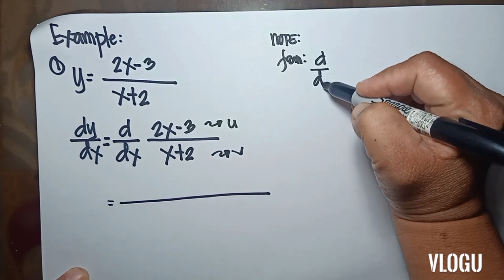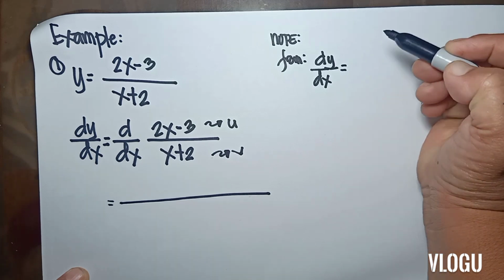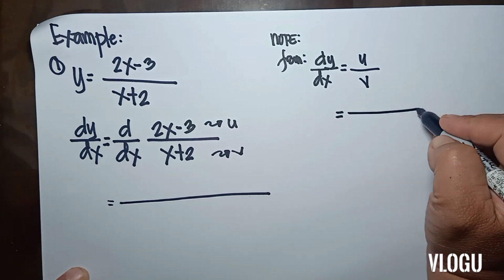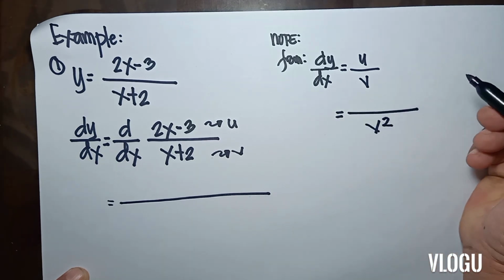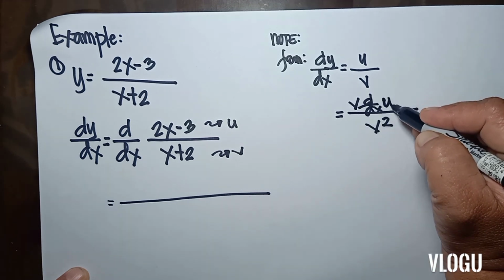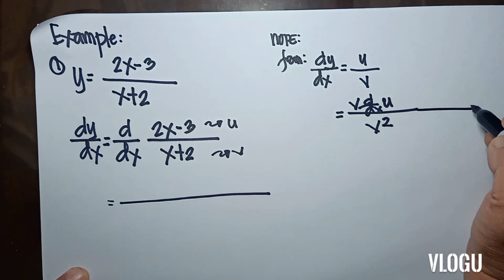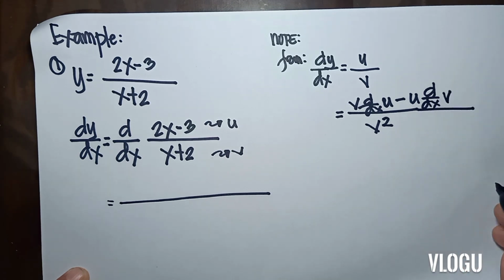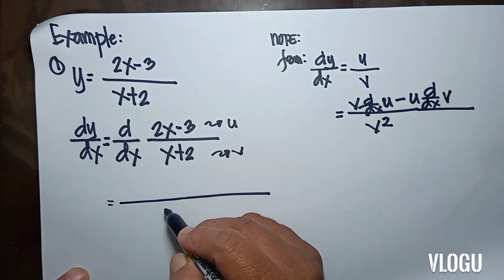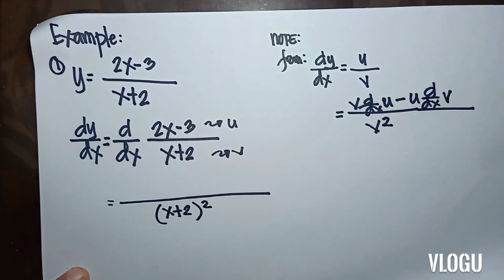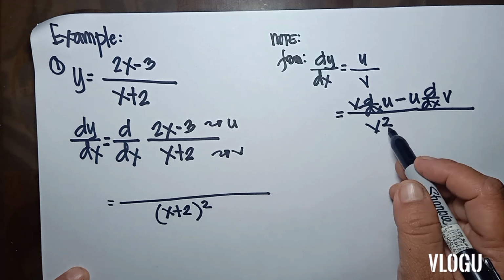From the formula, dy dx of u over v is equal to the square of the denominator, then v d dx of u, minus u d dx of v. So that is the formula. Therefore we will have x plus 2 squared, because that is the square of the denominator.